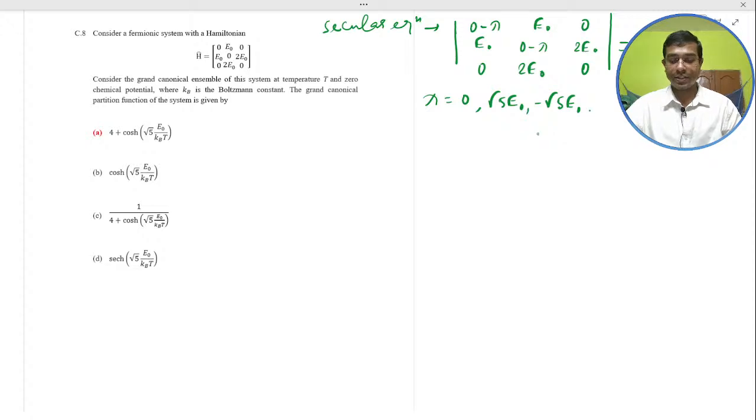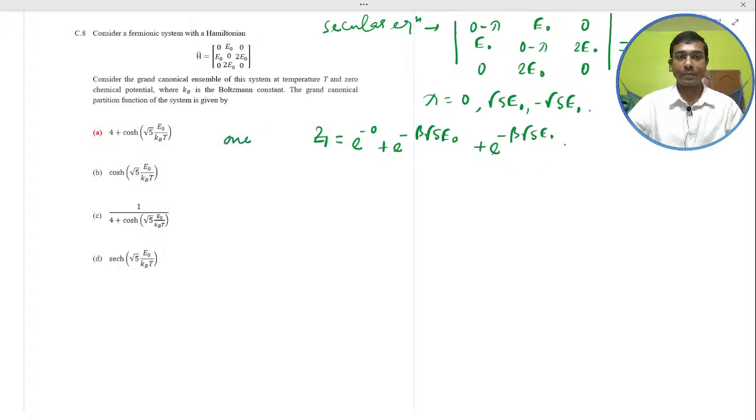For one particle system, the microcanonical, we get the partition function Z1, e to the power minus 0 plus e to the power minus beta root 5 E naught plus e to the power beta root 5 E naught for one particle.